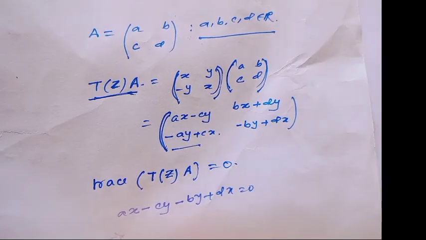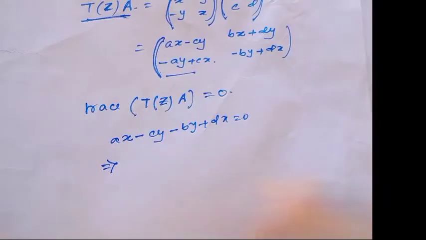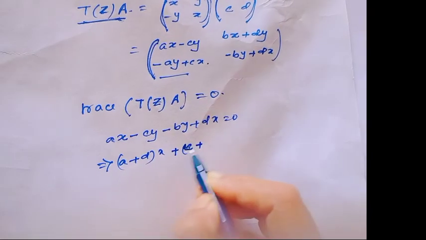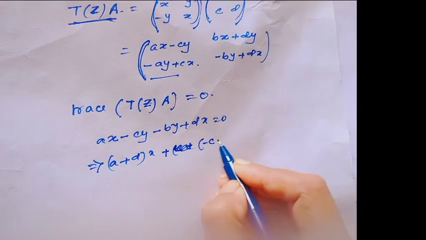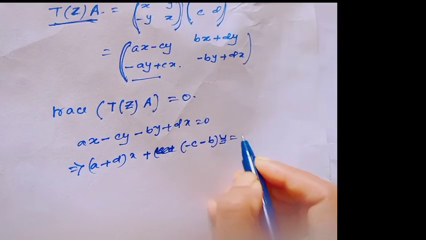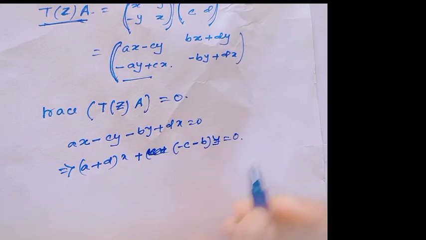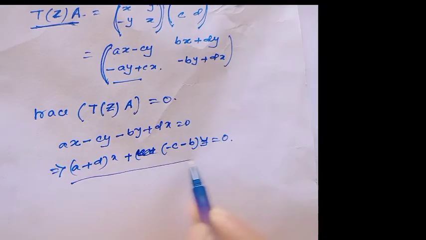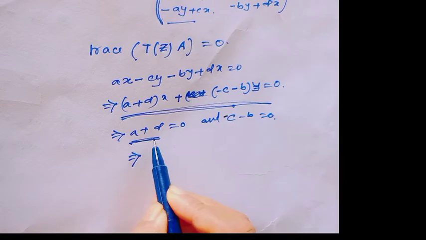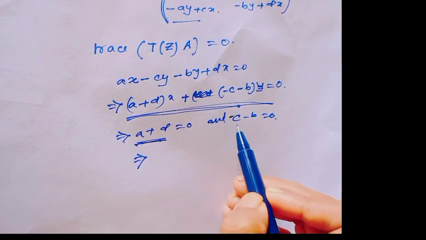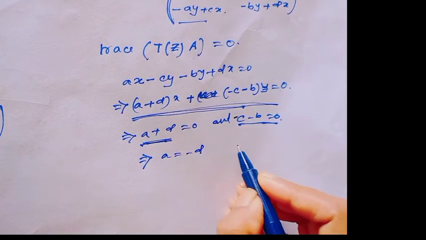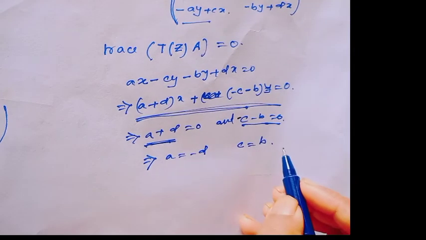And that implies (a plus d) times x plus (minus c minus b) times y equals 0. And this sum equal to 0 means a plus d equals 0 and minus c minus b equals 0. That implies a equals minus d and c equals b.